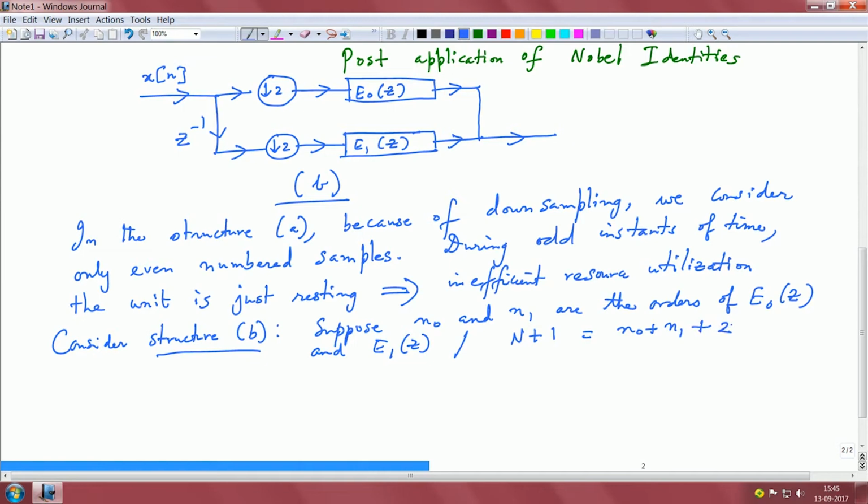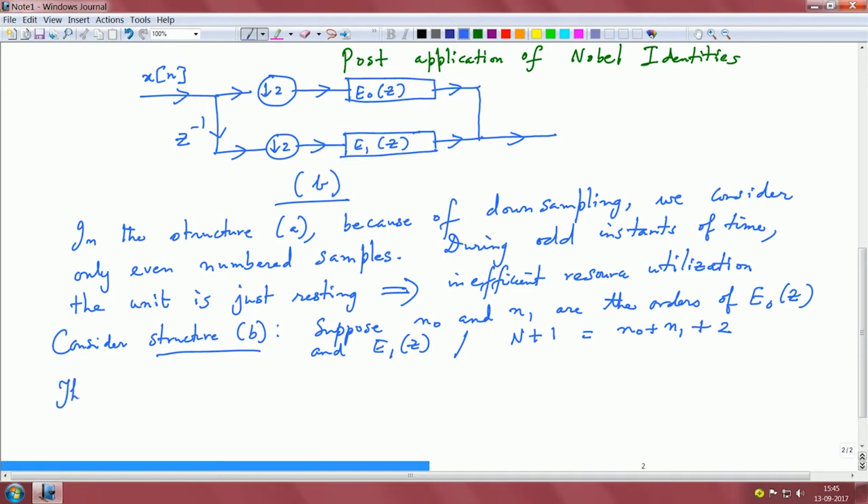Let us say this equation holds, right. That means we have lower order filters for E0 and E1, and the overall filter order is let us assume this is N, having N plus 1 coefficients.